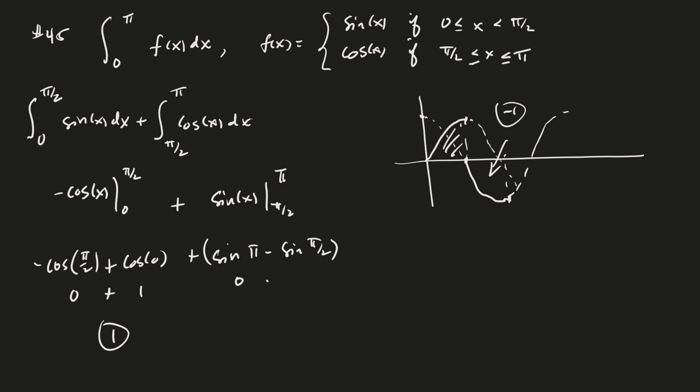That's 0 minus sine of pi over 2 is 1. So we do get minus 1. And so then overall we have 1 minus 1 equals 0. Good. So geometrically, or graphically, you could have seen that as well. Good. So that was kind of a nice problem.